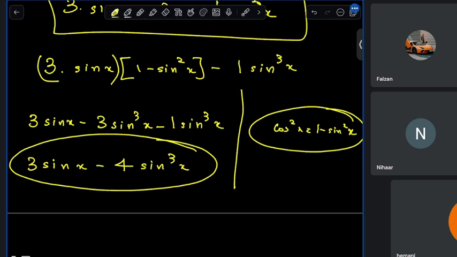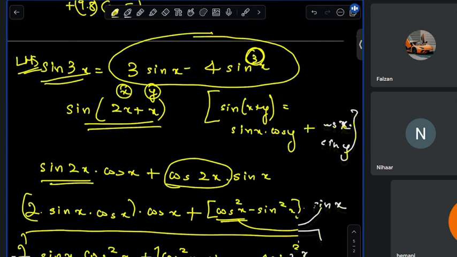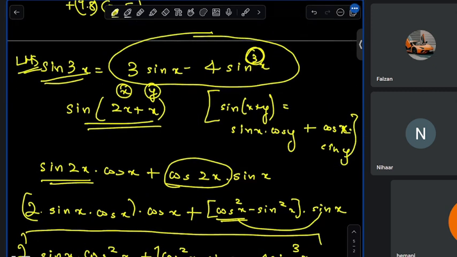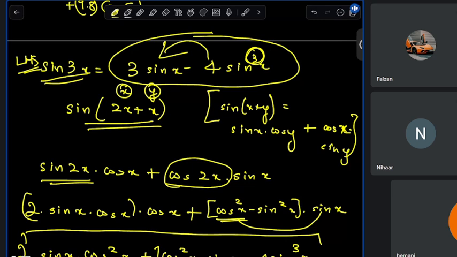The formula itself is reversed, no? Yes, it's reversed in the sense that first the cube will come, and then the regular thing will come. So what's the formula for cos 3x then? 4 cos cube x minus 3 cos x. Just interchange them, and change the sign to cos. That's all.